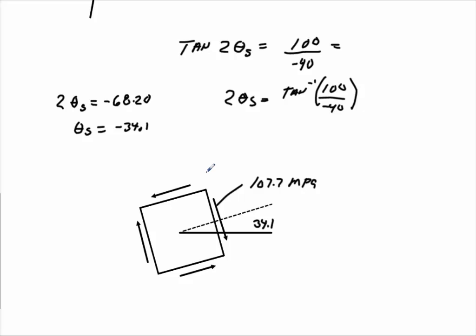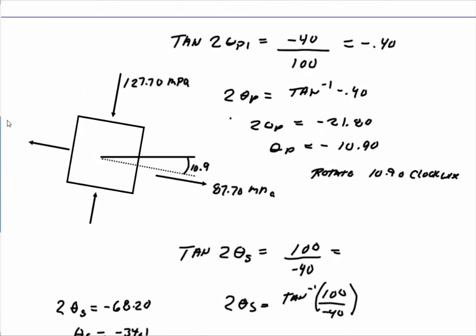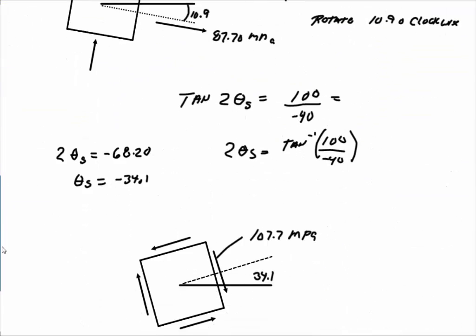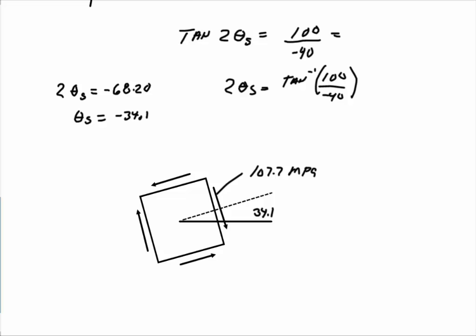that this is where your average normal stresses will occur. We go back and remember at the beginning we found out when we averaged them we got negative 20 megapascals. So in this orientation, when you have the orientation of the plane for maximum in-plane shear stress, you have to always show the average.